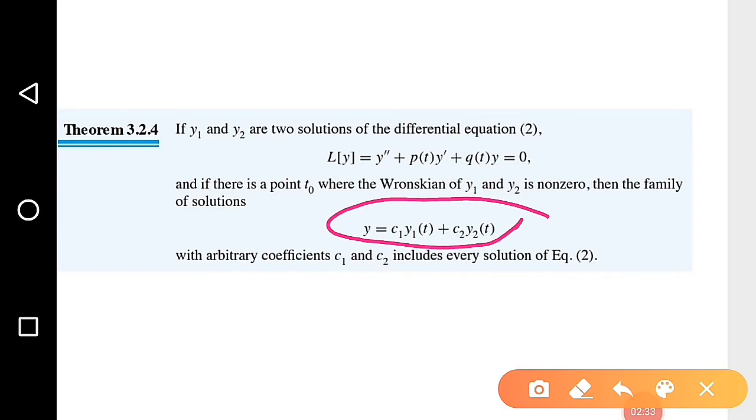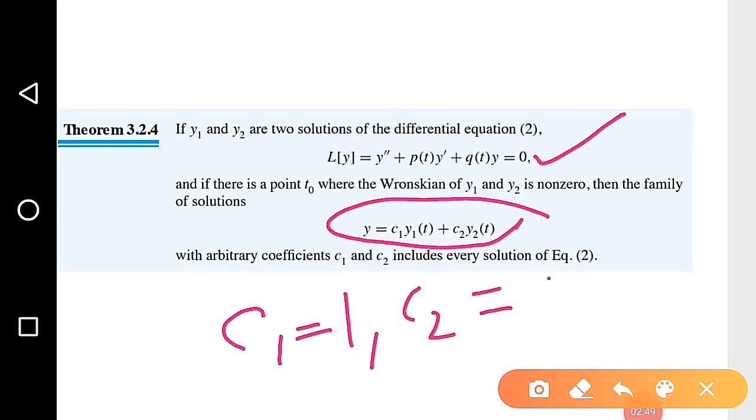That is, every solution of our given differential equation will be of the form c1 y1(t) + c2 y2(t). Clearly, if c1 equals 1 and c2 equals 0 we get y1 as the solution, and if c2 equals 1 and c1 equals 0 we get y2 as the solution.